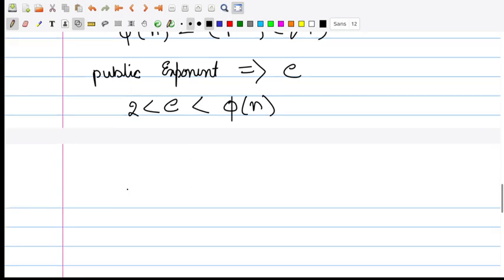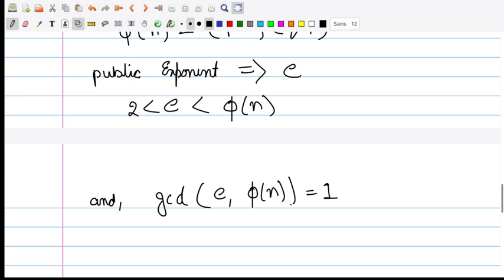This is one condition, and the second condition is that the GCD of e and phi n should be 1. So choose any number which satisfies this condition and this condition, and that will become our e.